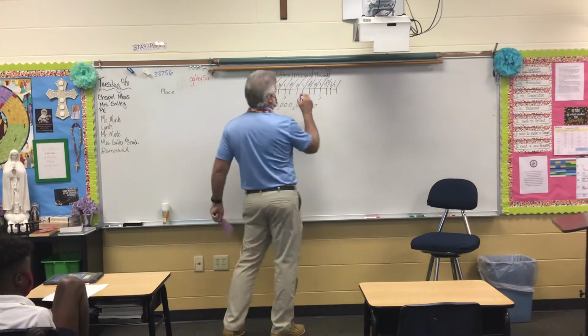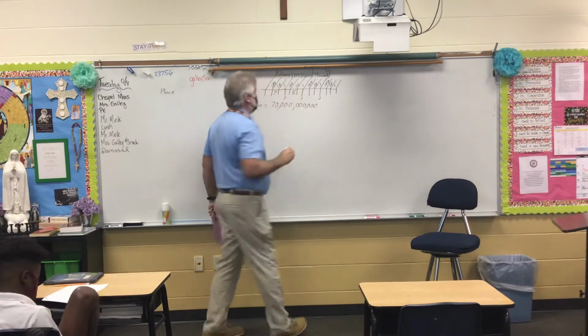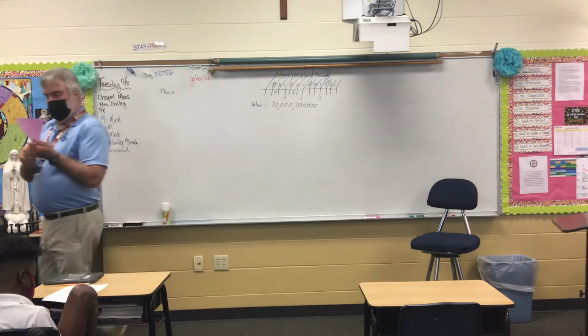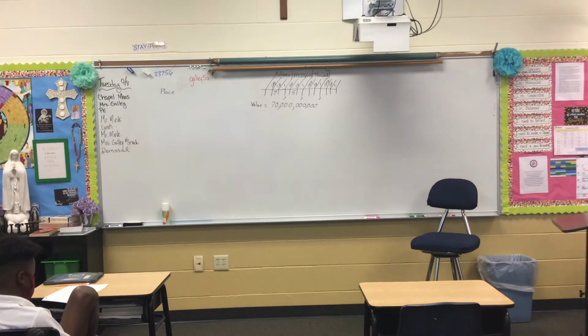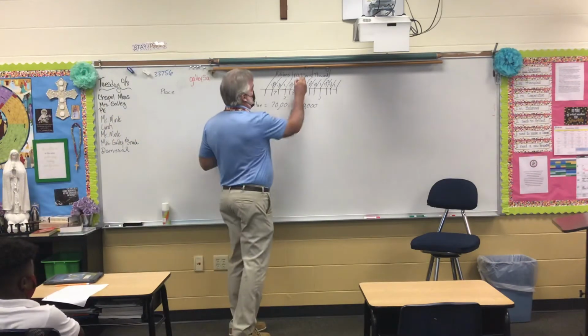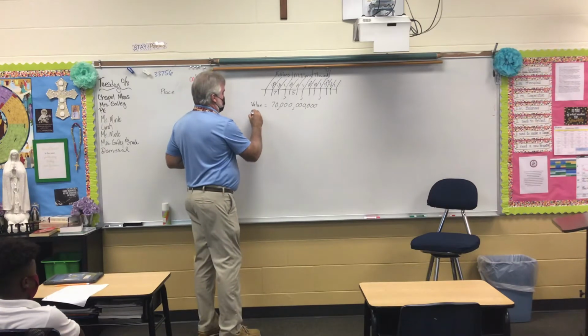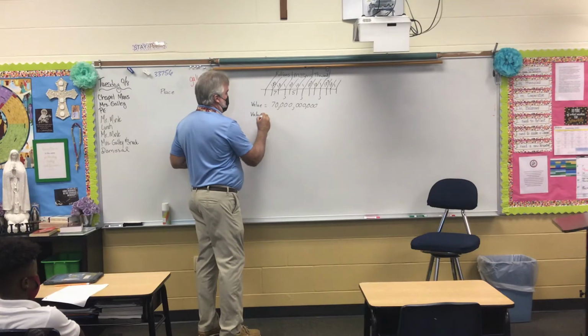Okay? Let's do a different one. We'll do a 5, and we'll put it here. Josh, what is the place? The 10 millions. Okay? This is 10 millions.